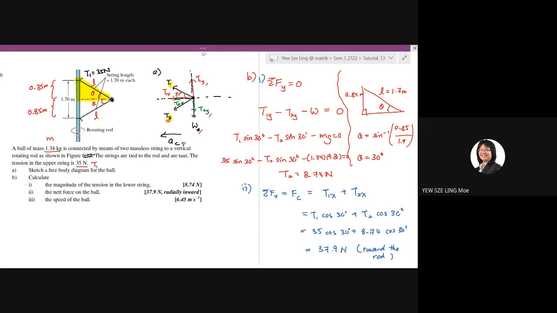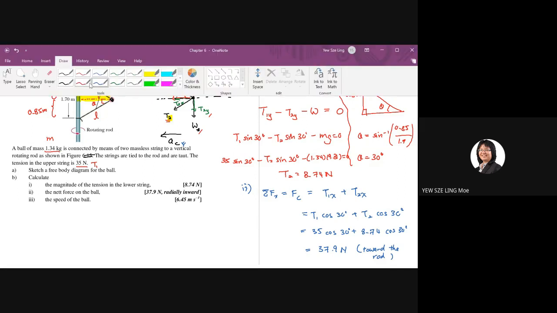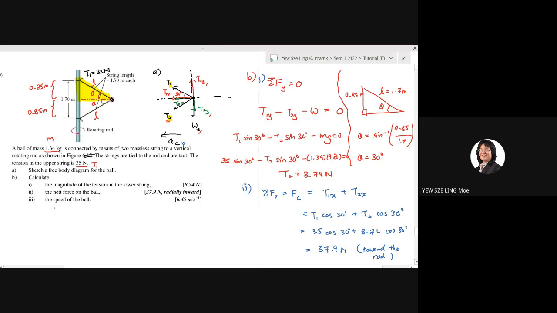The third question, now you want to find out the speed. Question number 3, you want the speed. The equation that comes with speed is Fc equals mv squared over r. But then we have one more problem. If you look at the information given, we don't have the r.